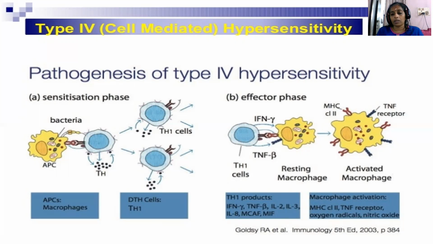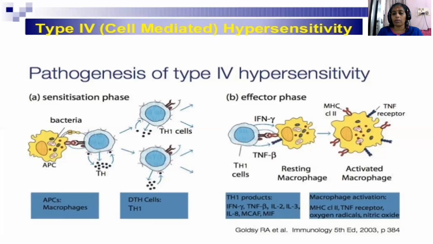It is getting activated, with production of a large amount of free radicals, oxygen radicals, nitric oxide, etc. So in the effector phase, in the case of Th1, it produces TNF alpha, beta, interferon gamma, interleukin-3 and IL-8, macrophage activating factor, and macrophage inhibition factors, etc. It will also activate macrophages.